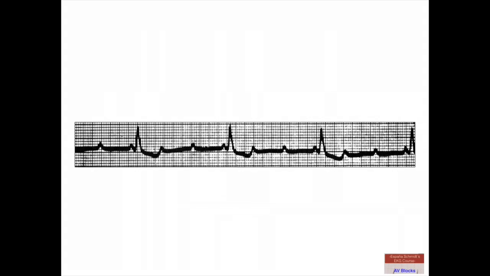So we have a trace here where we can see that there are many P's, but not all the P's are followed by the QRS. Here we have a cycle, and this cycle is 3:1. This gives us the diagnosis for an advanced degree AV block.